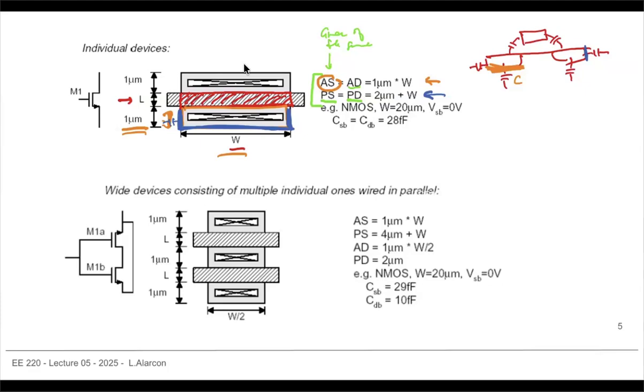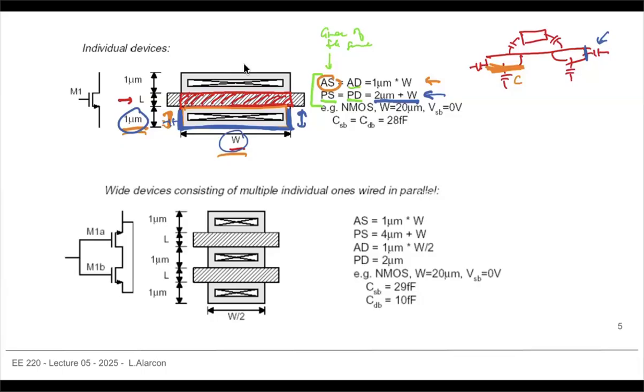That's why it's this 1 micron, this 1 micron plus the width, so it's 2 microns plus the width. And that allows SPICE to calculate this capacitance.